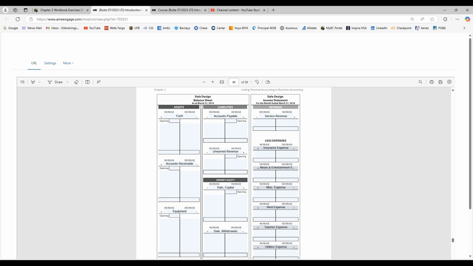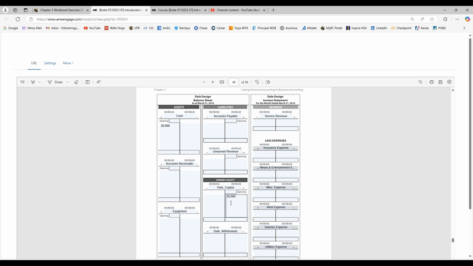Okay, so we've got 12 transactions to record here, and the first one notes that we transferred $30,000 from our personal bank account to the business account. So we have a contribution essentially in this instance, and $30,000 is coming out of our personal account and going into the business's cash account.